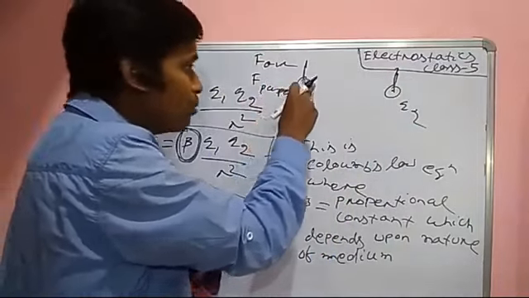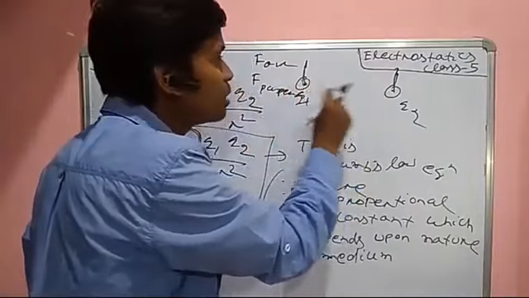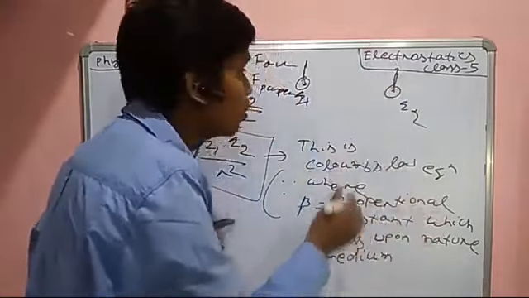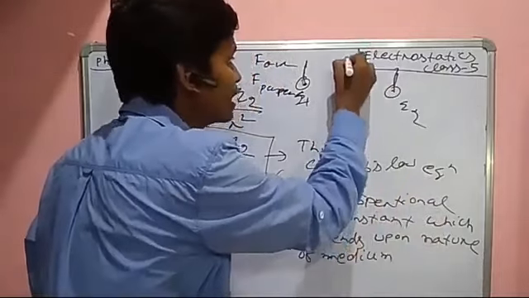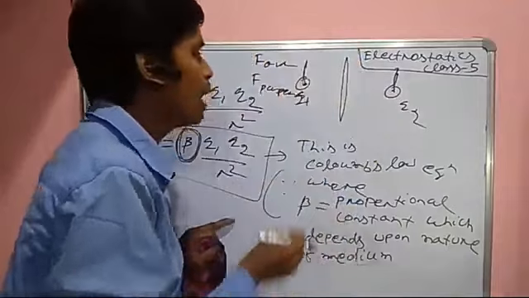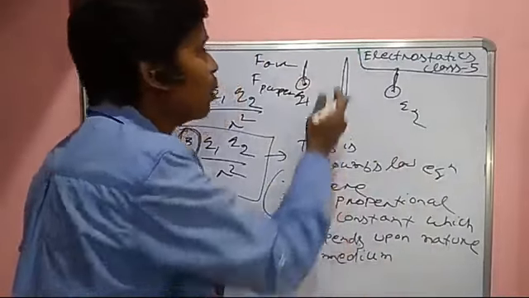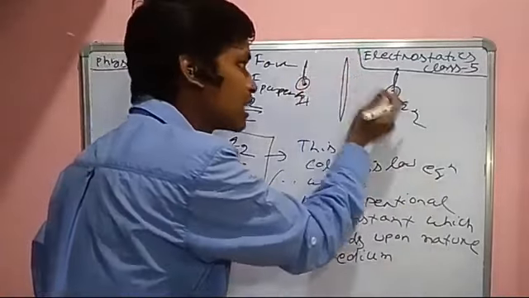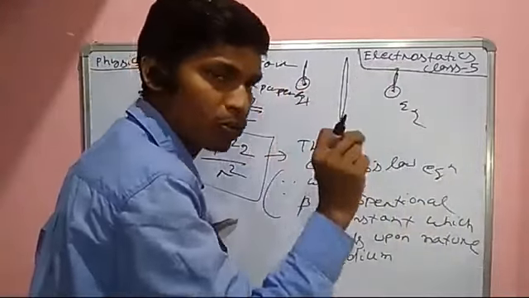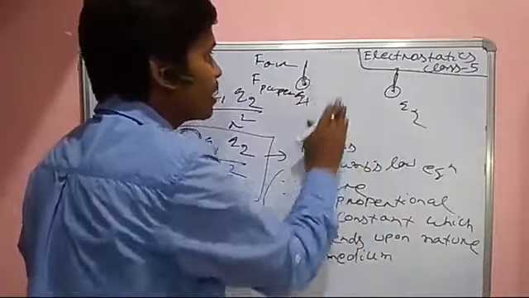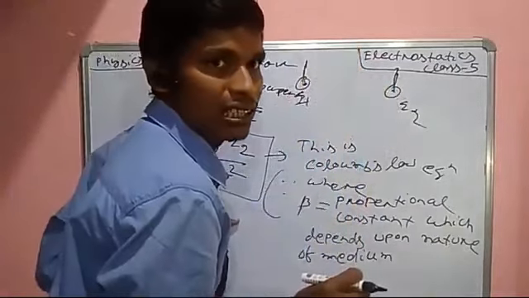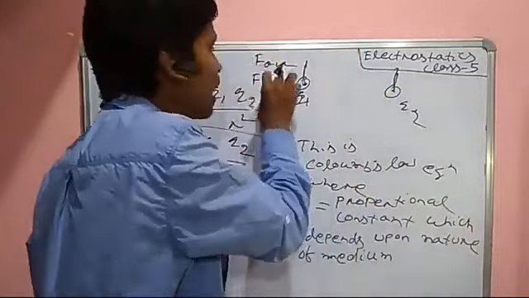F medium, Q1 constant, Q2 constant, distance between the two charges is constant, but only the medium present in between the two charges is different. That's why the force is different. Whenever a medium is present between two charges, the force is named F medium. Suppose air is present between the two charges, the force is named F air.